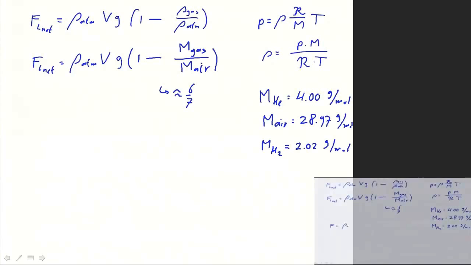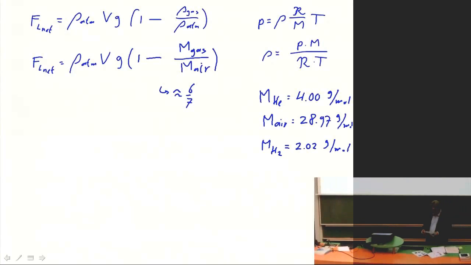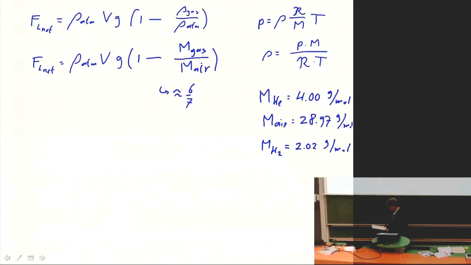Inversed. So again, rho atmosphere times V times G times 1 minus T atmosphere divided by T hot air, the gas. Okay, prima. And normally we do not talk about the temperature in Kelvin.